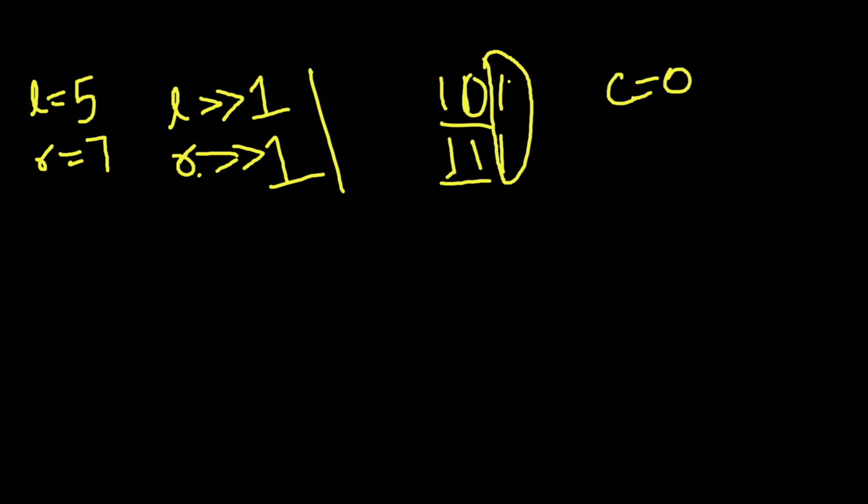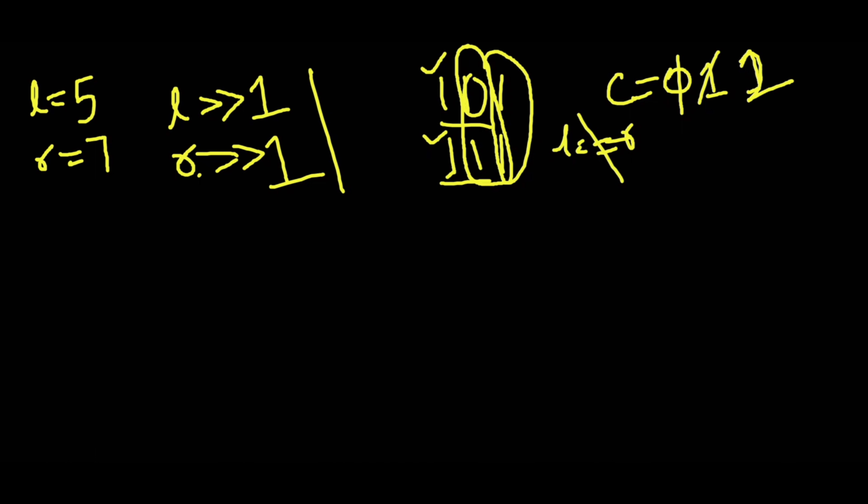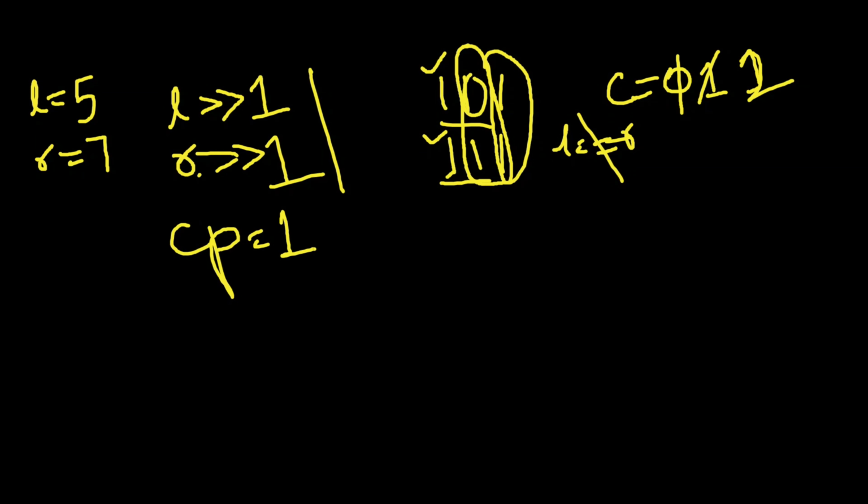Initially we have done the first right shift, so increment it by 1, and then we compare if L equals R or not. Here it's not equal, so again we do a right shift. In this case we see that 1 equals 1, so we increment the counter to 2, and both are equal, so we found that our common prefix is equal to 1.